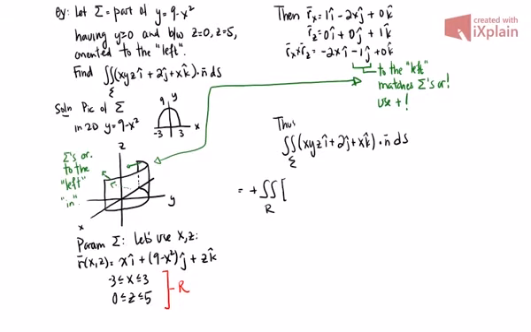Same deal, everywhere I see an x, a y, and a z, I replace the i, j, and k components of R. So x gets replaced by x, y gets replaced by 9 minus x squared, z gets replaced by z, that's just 2, x is x. This gets dotted with the cross product that we calculated up above. This is dA. And then again, I'll leave the plus as a reminder.